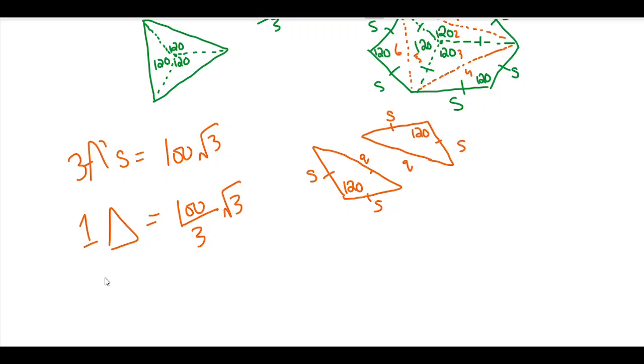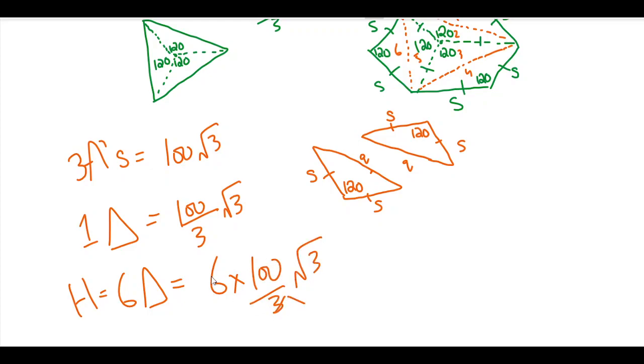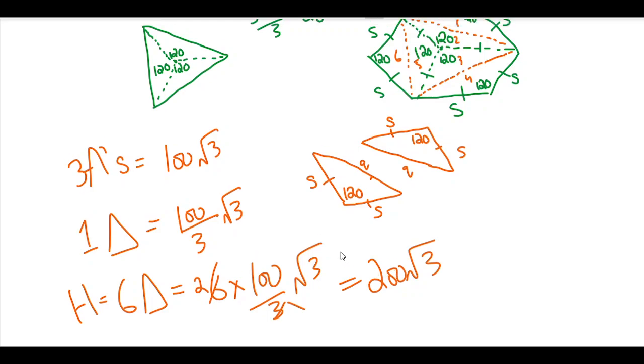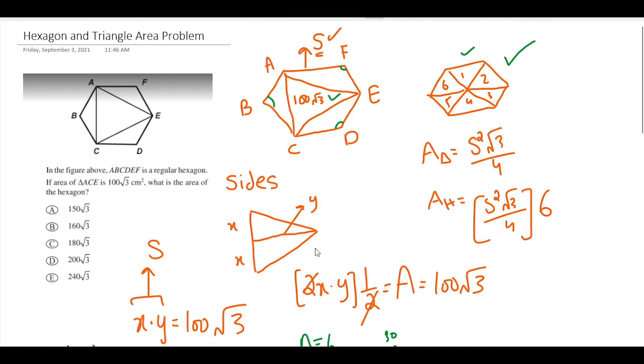And since we're interested in hexagon area, which is basically 6 exactly same triangles, all I need to do is multiply this with 3. And if I do a little bit of simplification, I'm getting 200 under root 3. And if I come back up, yeah, answer must be D.